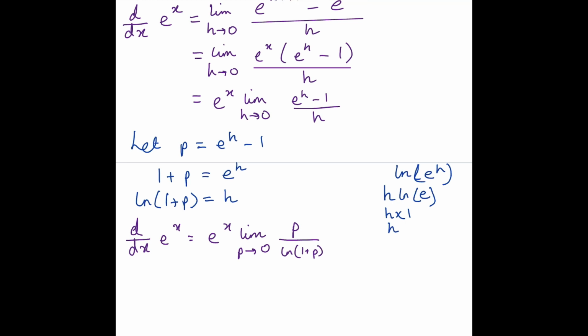The reason why I'm replacing h with p here, when we're looking at the limit, is that we already know that p is e to the h minus 1. So, as h tends to 0, p is going to tend to, well, think about it, e to the very, very small positive number, it's going to be 1, and then we're subtracting 1, so it's going to be 0.